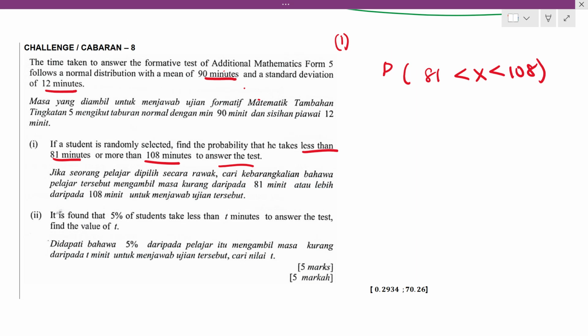If it is correct, please justify. He takes less than 81 minutes or more than 108 minutes. So, is it correct?